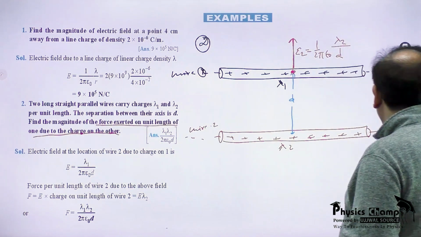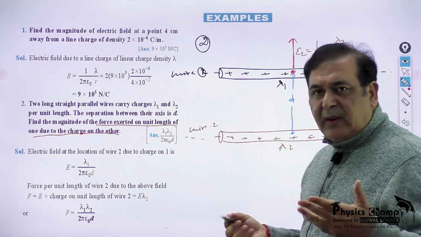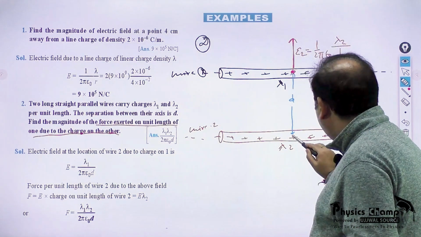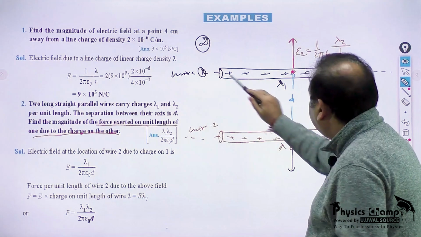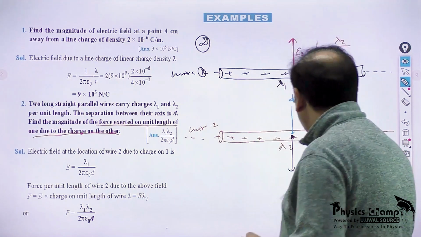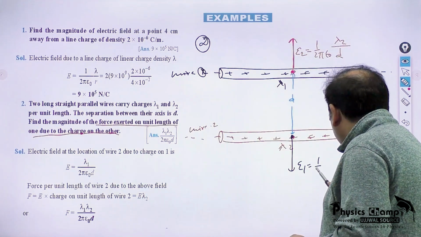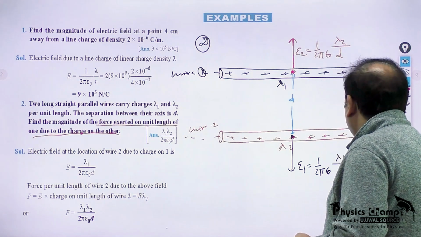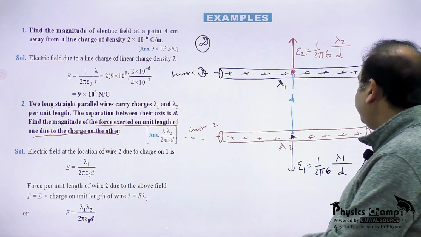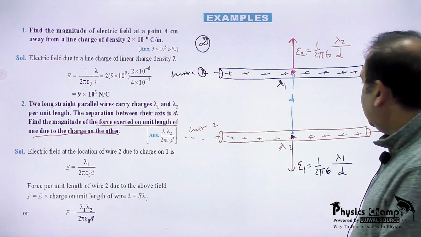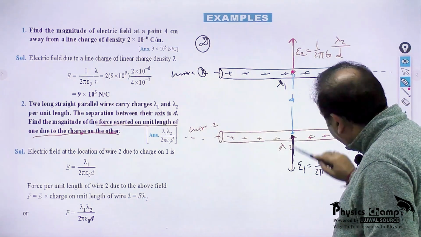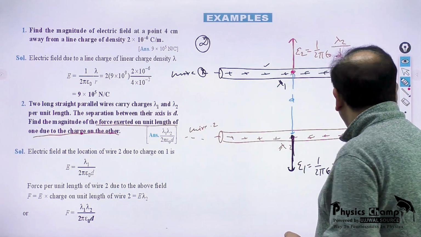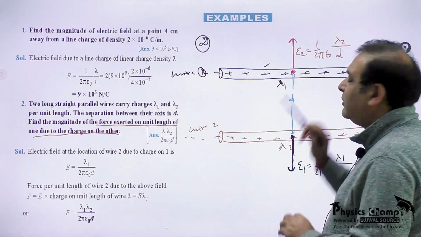Similarly, if some source of charge will provide electric field on the wire 2, it is wire 1. And this electric field here will be 1 by 2 pi epsilon naught lambda 1 by d. So here you are getting electric field due to charge here, and here you are getting electric field due to charge here.